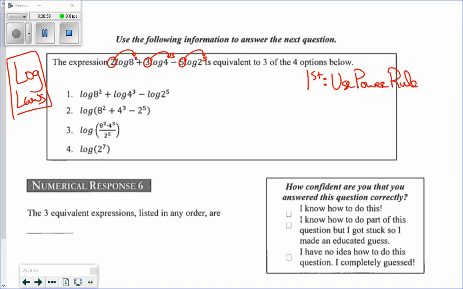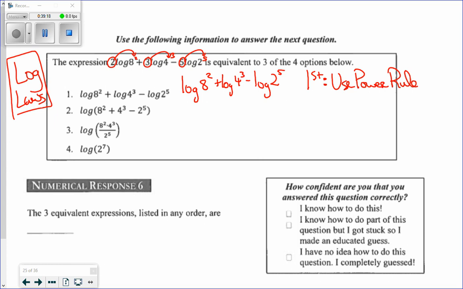So now what you have is log 8 squared plus log 4 cubed minus log 2 to the 5th. Okay, so that's step 1. So step 1 is always use the power rule.